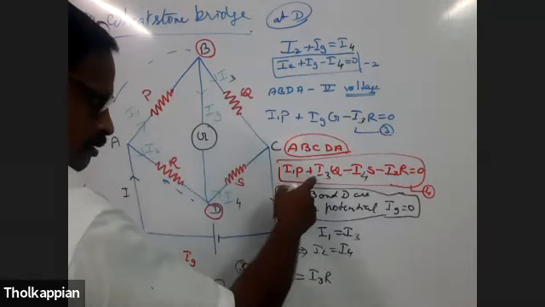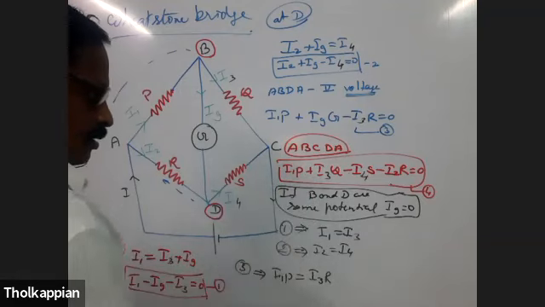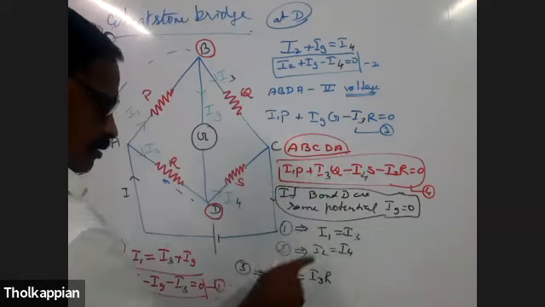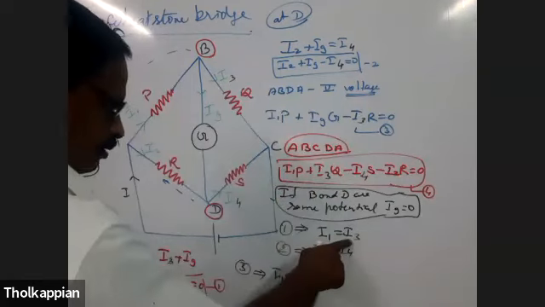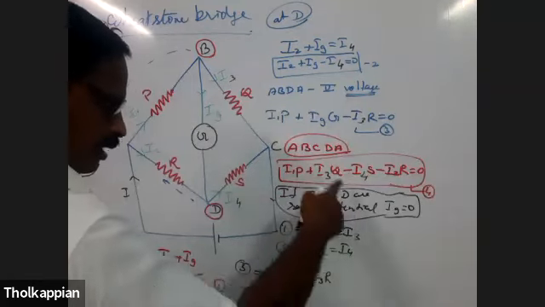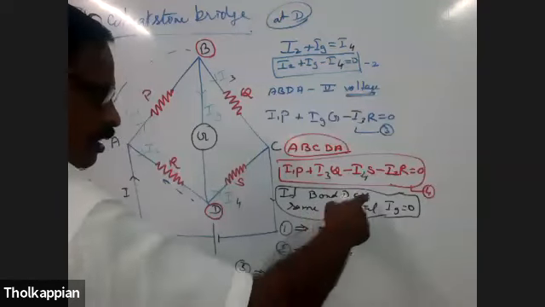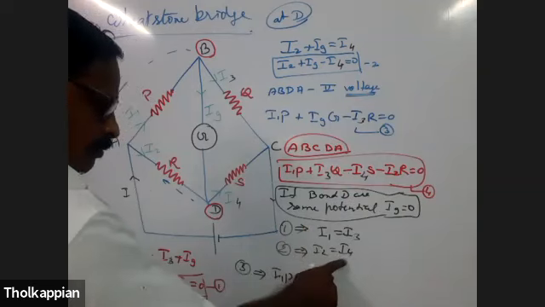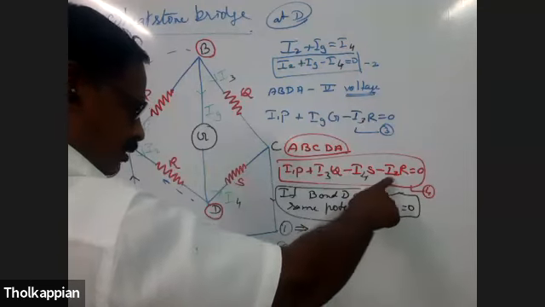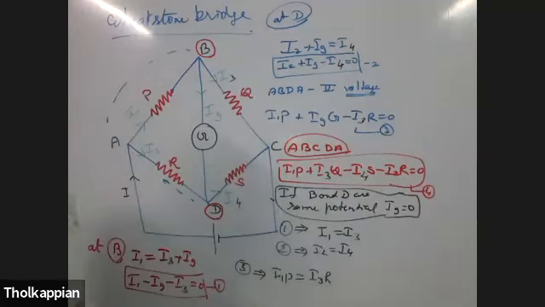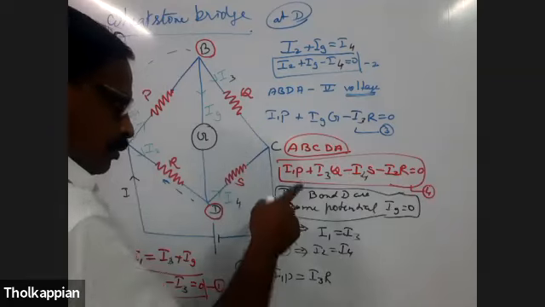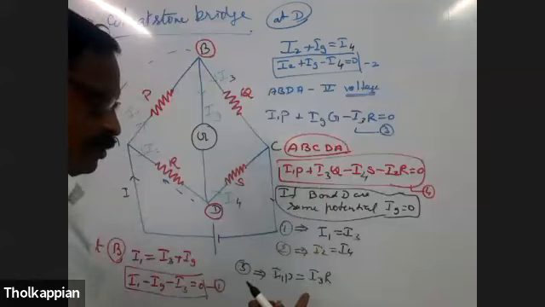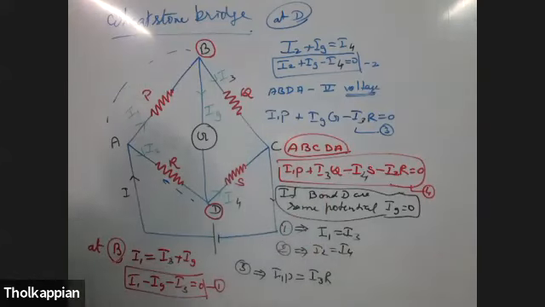Consider this equation. This equation, you can change any one. For I3, see, I1 is equal to I3, so you can take I3 as I1. And here I2 is equal to I4, so you can change I4 as I2. You don't change both I1 is equal to I3 and I3 is equal to I1. No use of that.